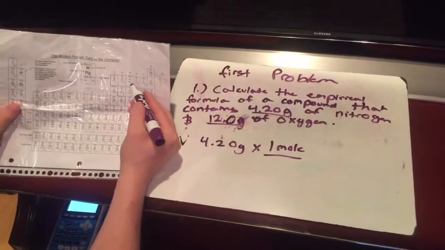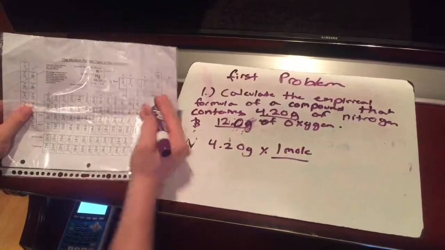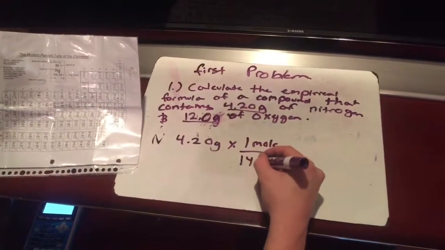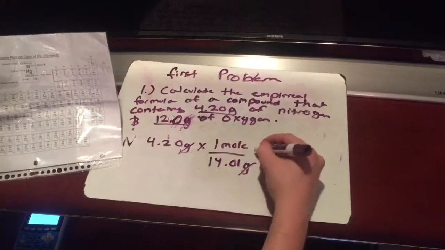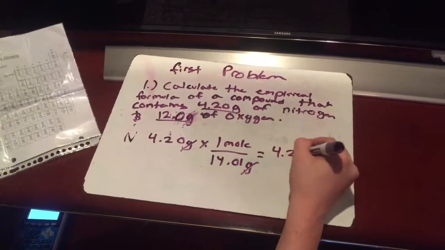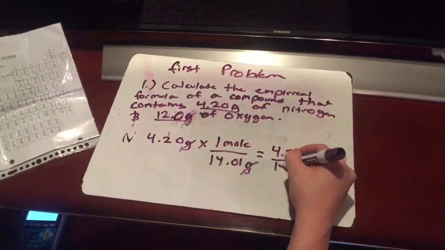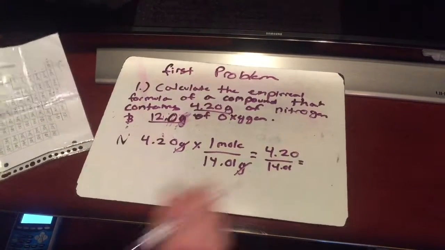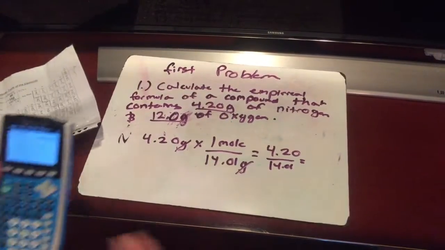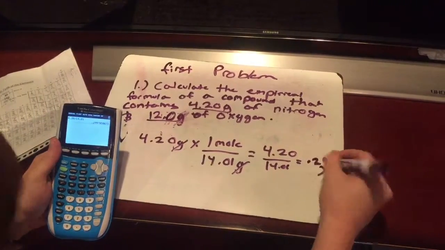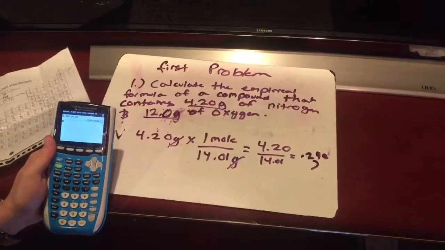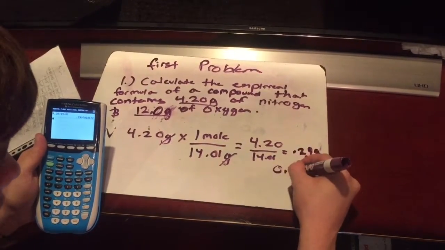Nitrogen's average mass is 14.01 grams. So you cross this out and multiply across. That gives you 4.20 over 14.01, which you put in your calculator, and it gives you 0.299, which rounds up to 0.300.